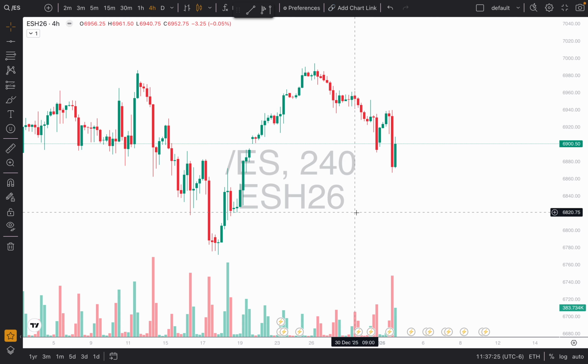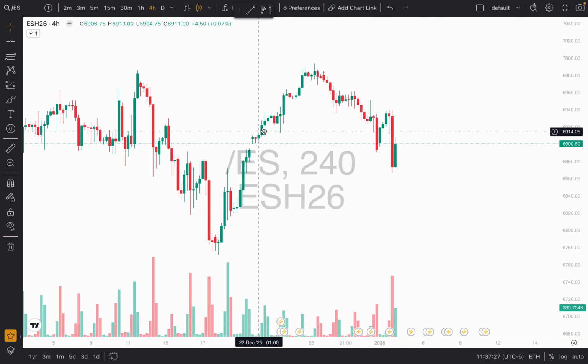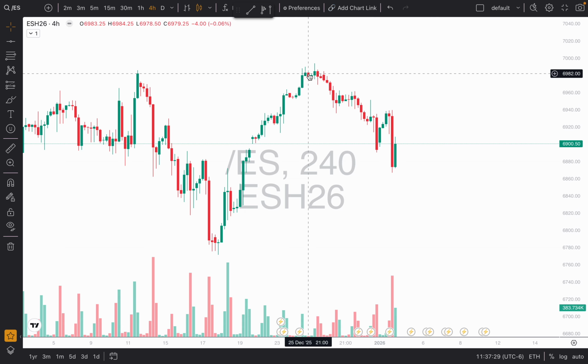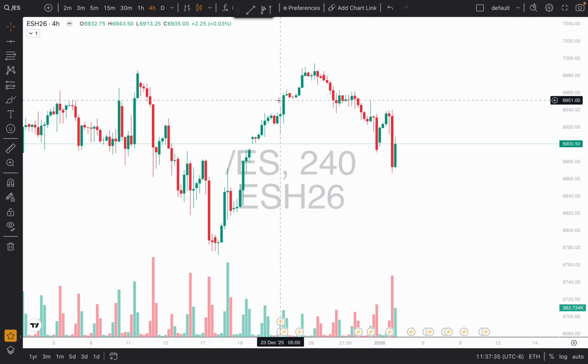One more time: in an uptrend, it is considered a reversal whenever price closes below the previous swing low, right?